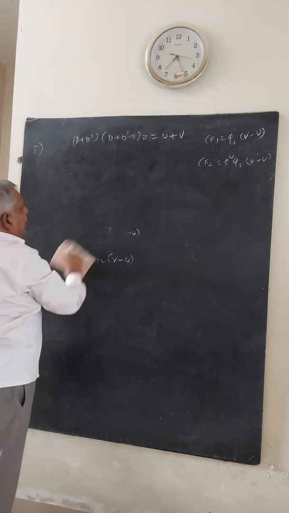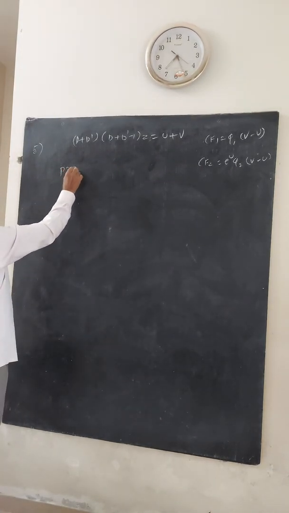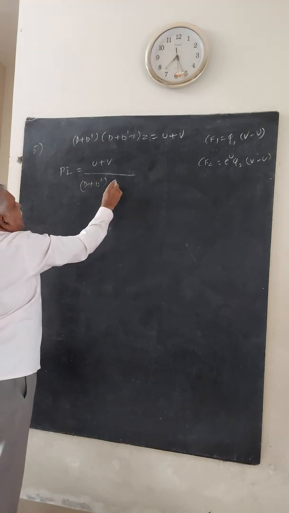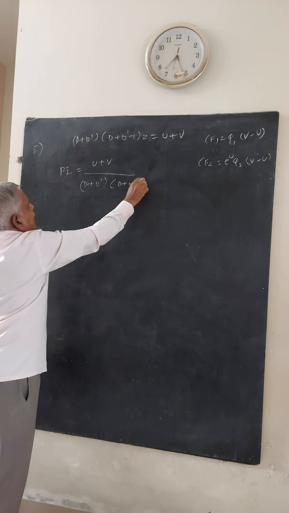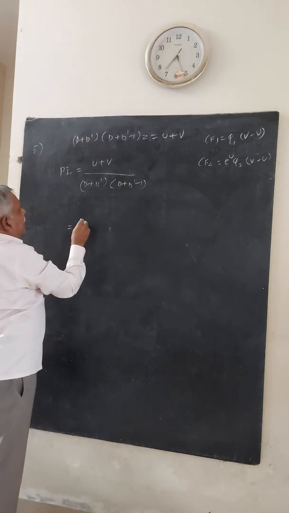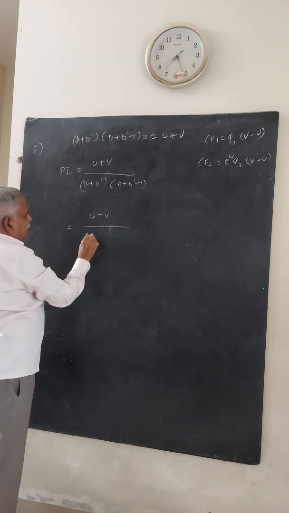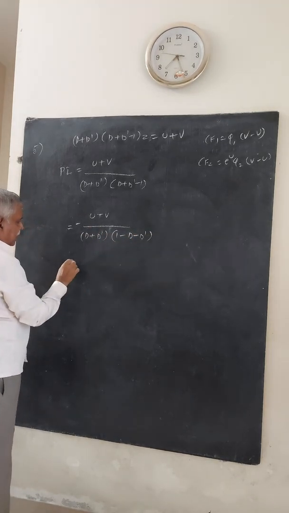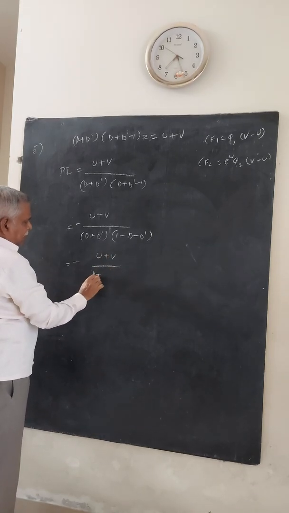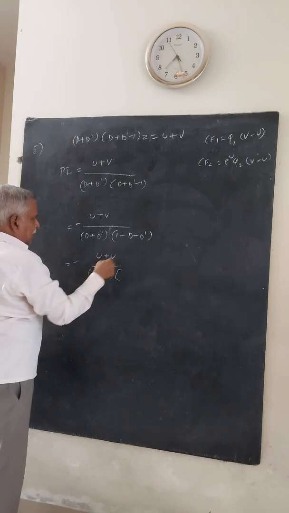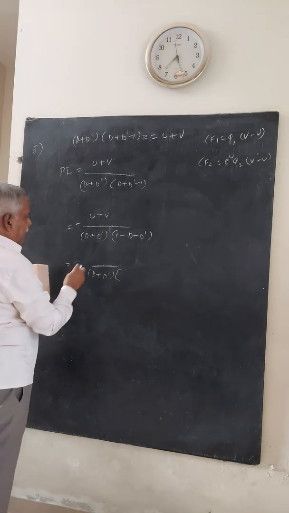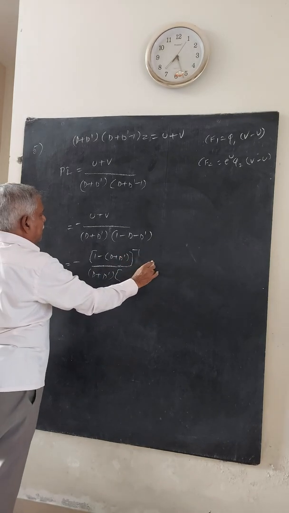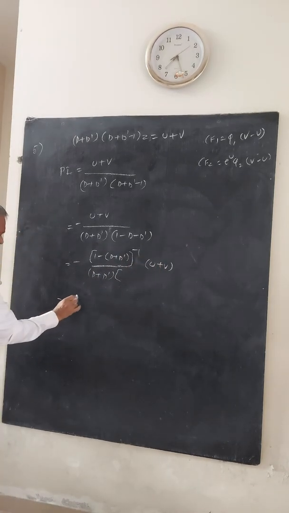We are going to find the particular integral. PI equals u plus v divided by D plus D dash minus 1. Take out the negative: 1 minus D plus D dash whole power minus 1 of u plus v, equal to minus.